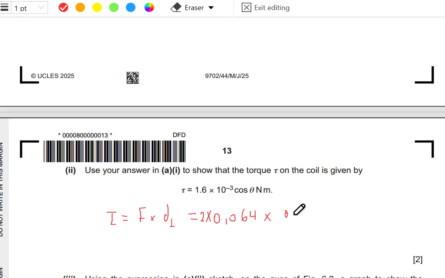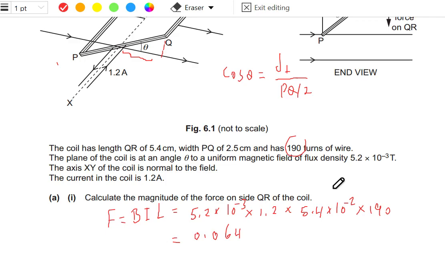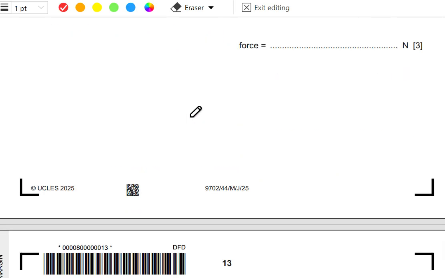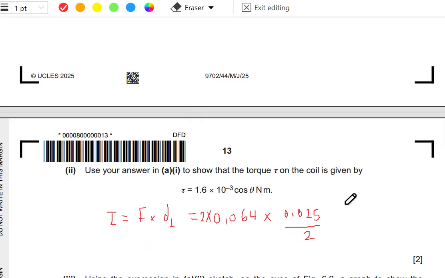Perpendicular distance is 0.025 over 2, which is the side BQ over 2, and here is the cosine theta. Certainly 2 can be eliminated with 2, and if we multiply these two numbers, we will get the number here.